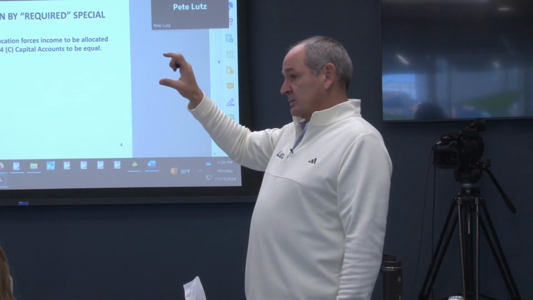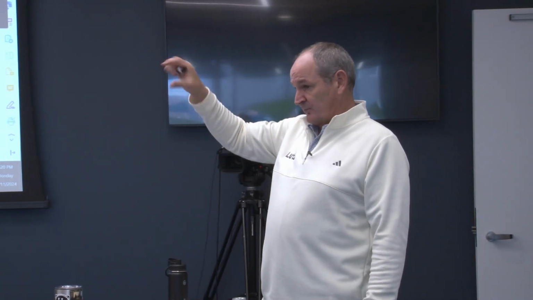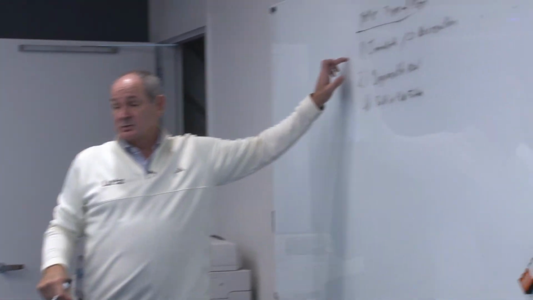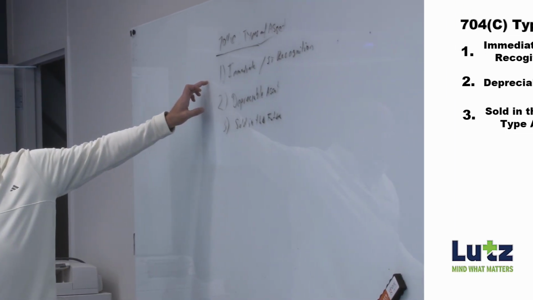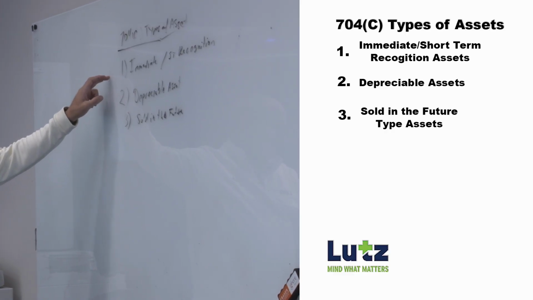So the first three lines of that schedule, we had that $13 million that was forced in our client's direction, correct? And then you had that depreciation that occurred. So we had a short-term immediate asset, which was inventory. We had appreciated inventory, which they gave us value in our 704B capital account. But when those hogs were sold, that 13 million had to come my way because there was a difference between fair value and tax basis.